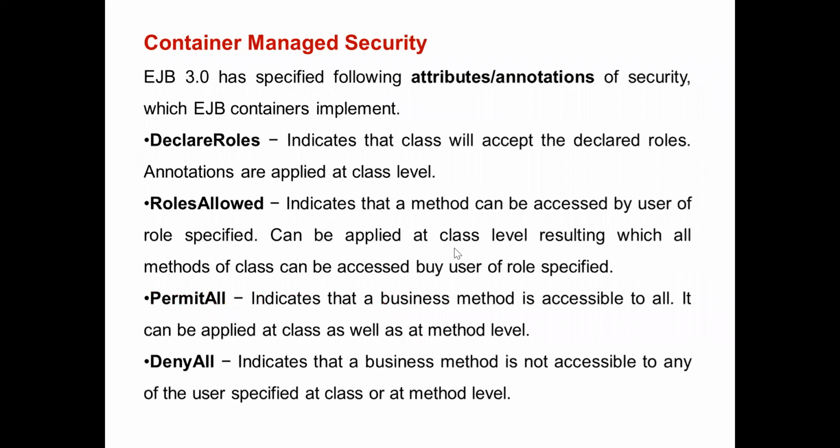Okay, next. How does the container manage the security? The first way is by using attributes, or annotations. The EJB 3.0 version specifies the following security attributes or annotations which EJB containers implement.